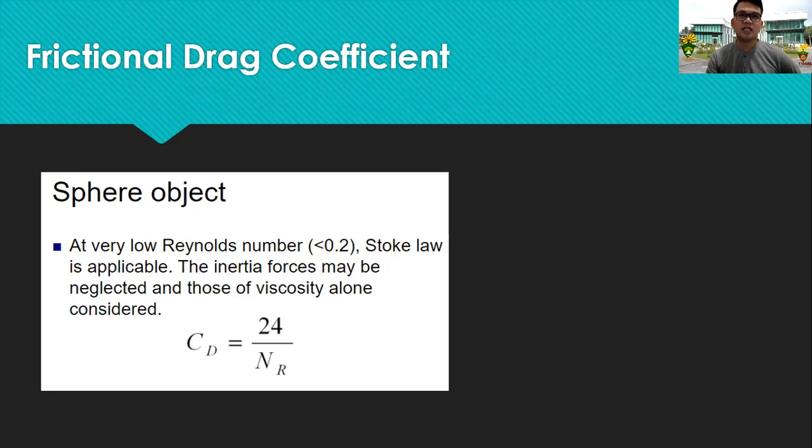So this is also easier when getting the value of CD, or the drag coefficient. So once you already know the Reynolds number, and it has a lower value, you can apply Stokes law.